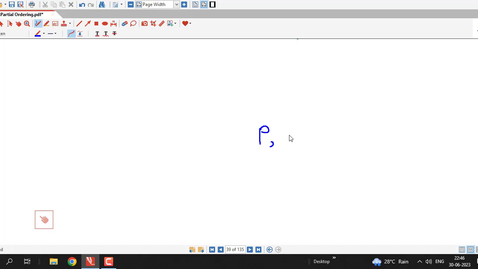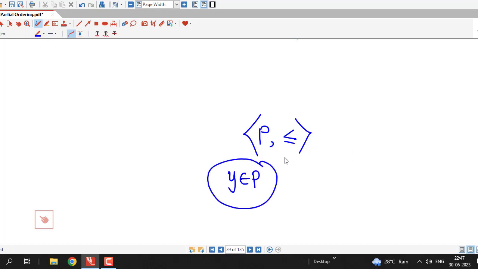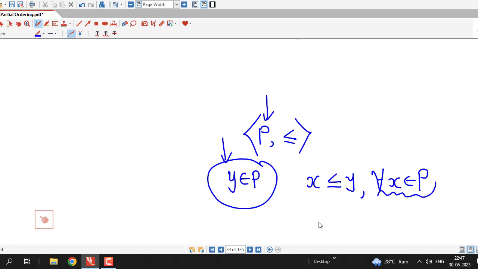I repeat again, suppose I have some partially ordered set say P, and an element y in this set P is called the greatest element of this set if x is related to y for all x in a set P. If for every x in a given set P x is related to y, then y is called the greatest element.